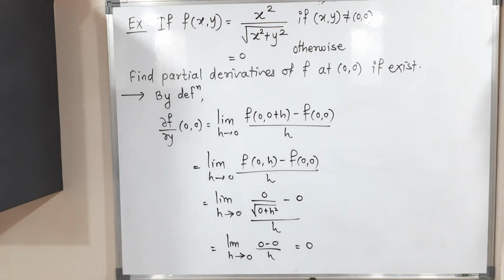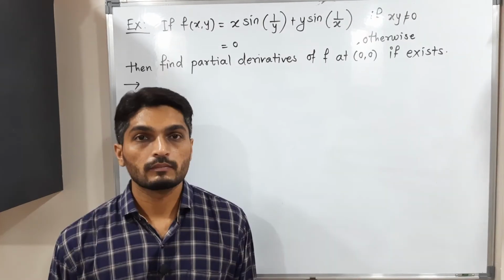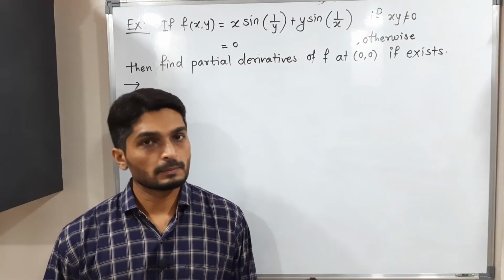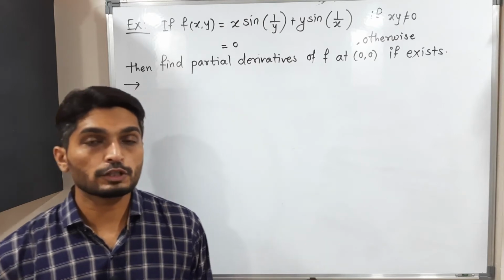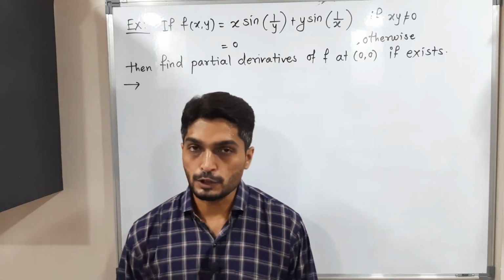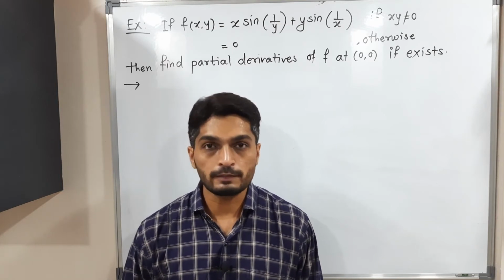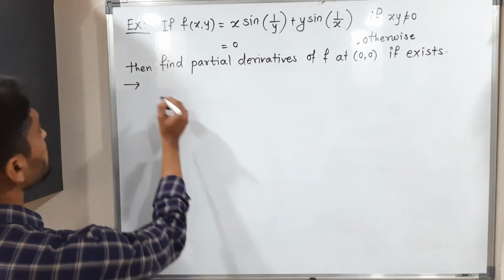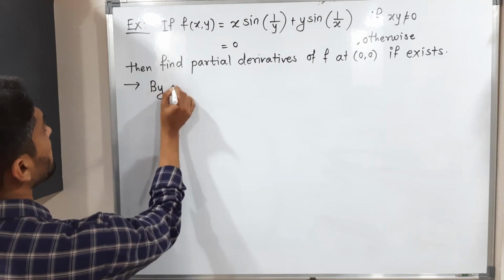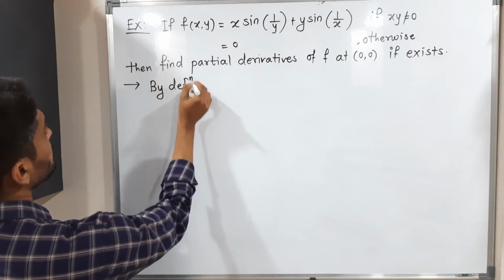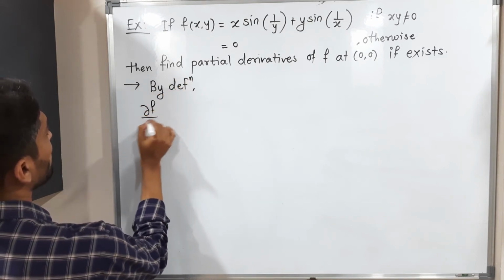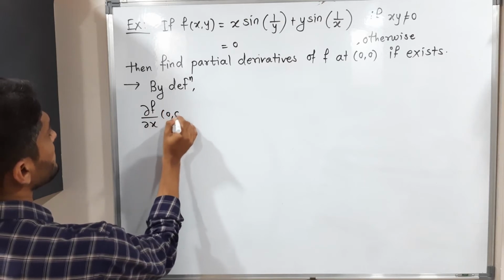You can make a screenshot of it, and after that we will go for one more problem. Okay, let us discuss this second example. We have this function and we have to find its partial derivative with respect to x, with respect to y at point 0, 0. Let us follow the definition again. So I will mention by definition. See, definition says del f by del x at 0, 0.